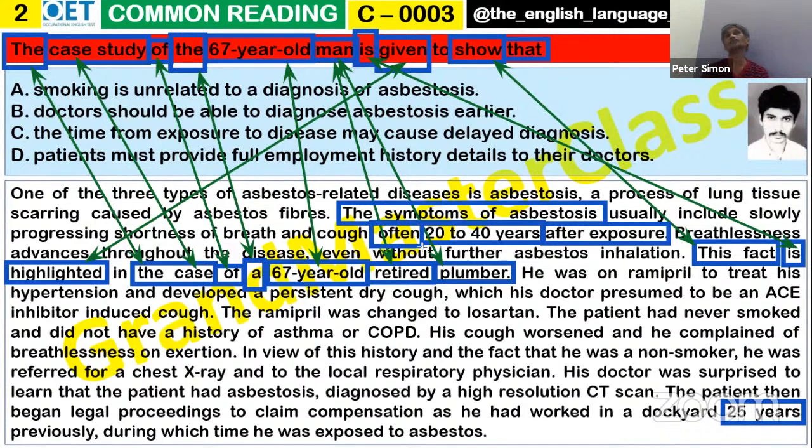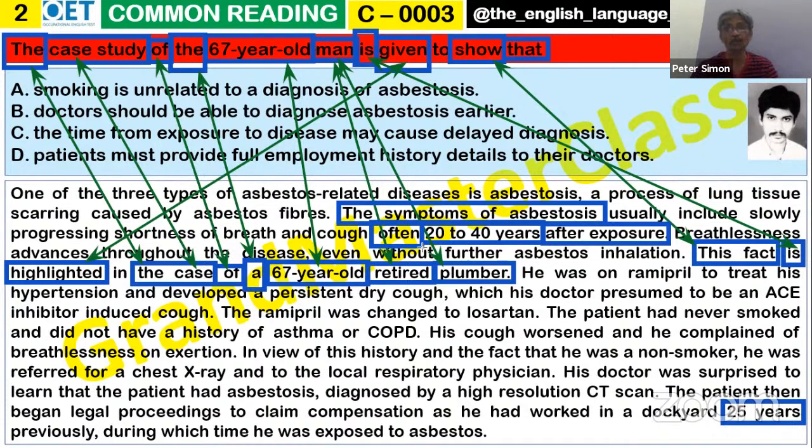So try to understand it. 25 years, 40 years means even retirement is over. So that is the point. That is why a retired plumber. He worked for many years in the factory. So maybe after retirement, that means 40 years. Okay.